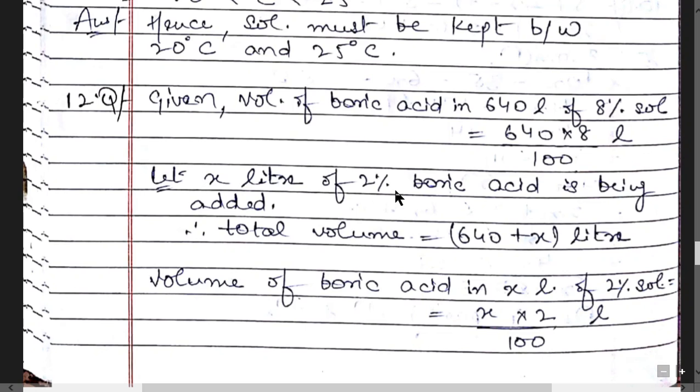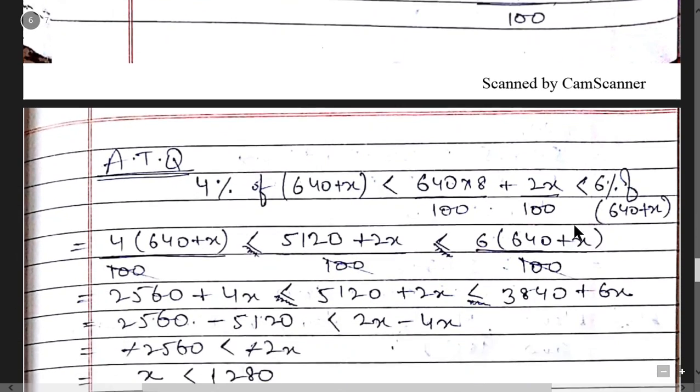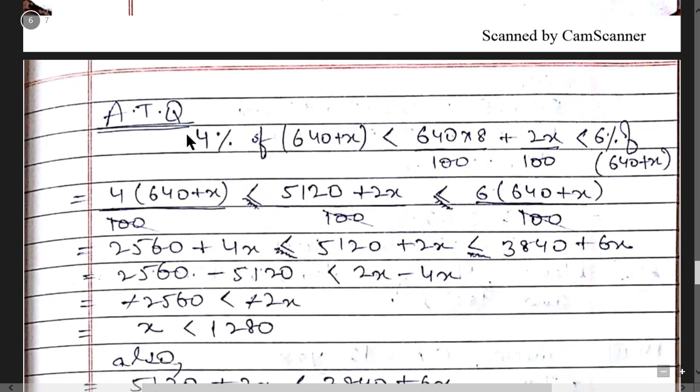Suppose x liters of 2% boric acid is being added. It means total volume is 640 plus x liters. Now volume of boric acid in x liter of 2% solution, it means x multiply 2 divided by 100 liter. Now the range is between 4% to 6%.